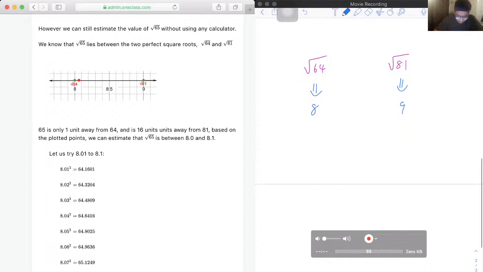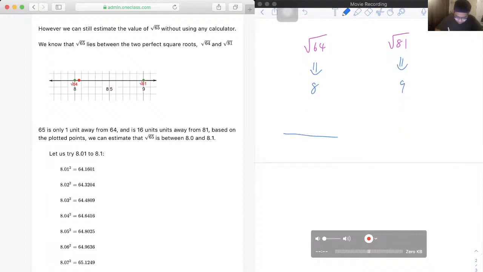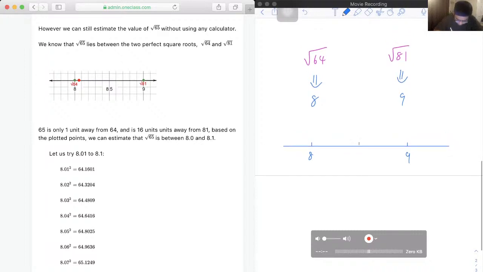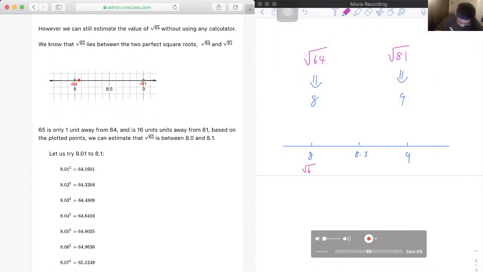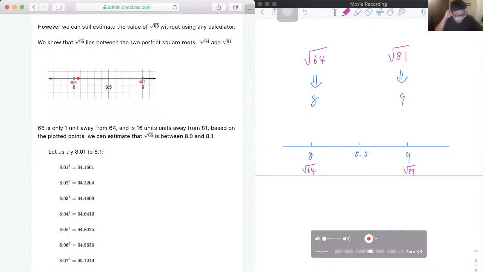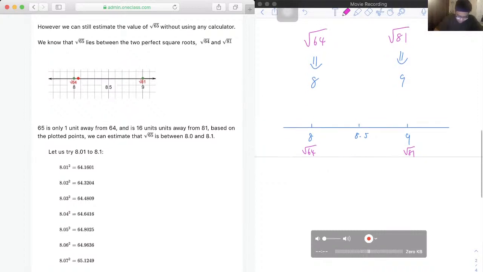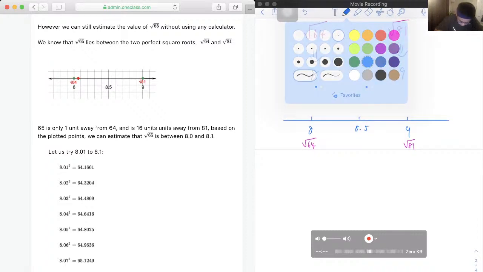So we can represent that on a horizontal line: 8, 9, and let's say that's 8.5. So this part is root 64, root 81, and we know that 65 is what we're looking for.